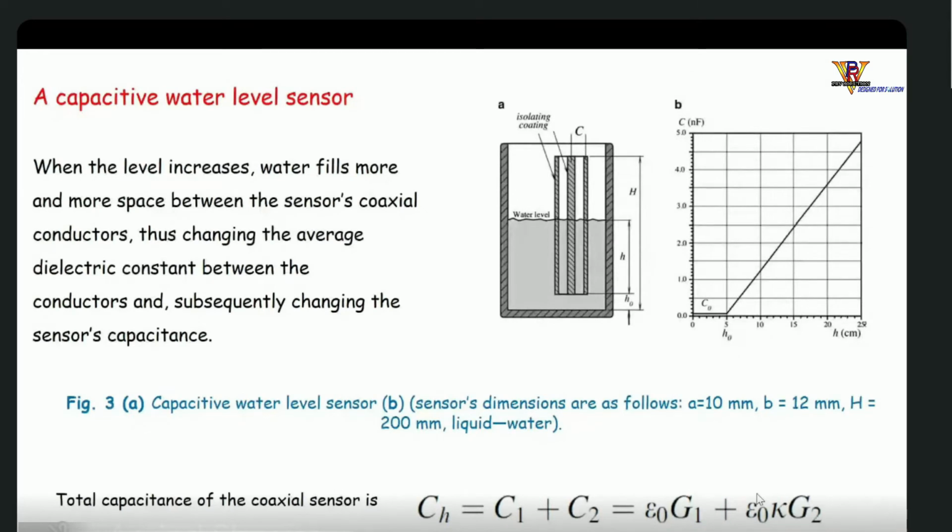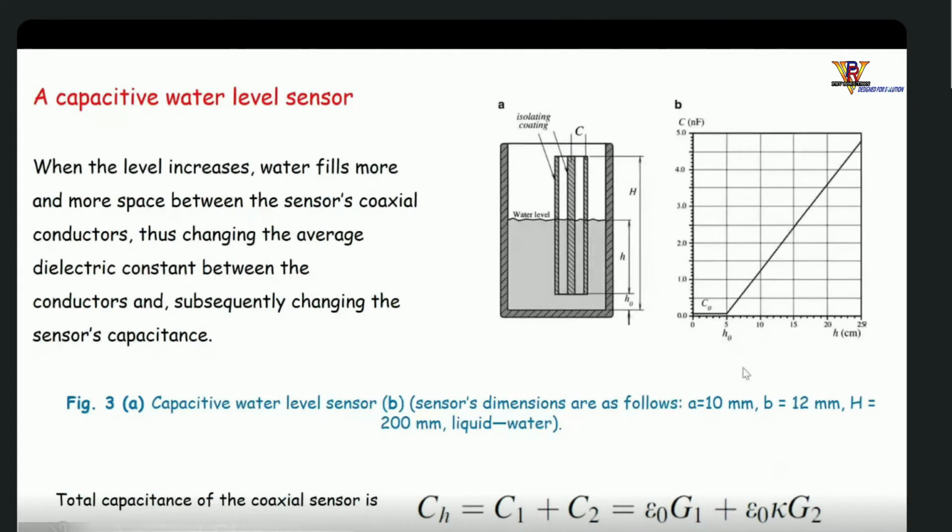Now, as shown here, in this tank, three different heights are mentioned in figure A. The first one is H naught. H naught means from 0 up to H naught, no capacitor line means no capacitor is present in the tank.